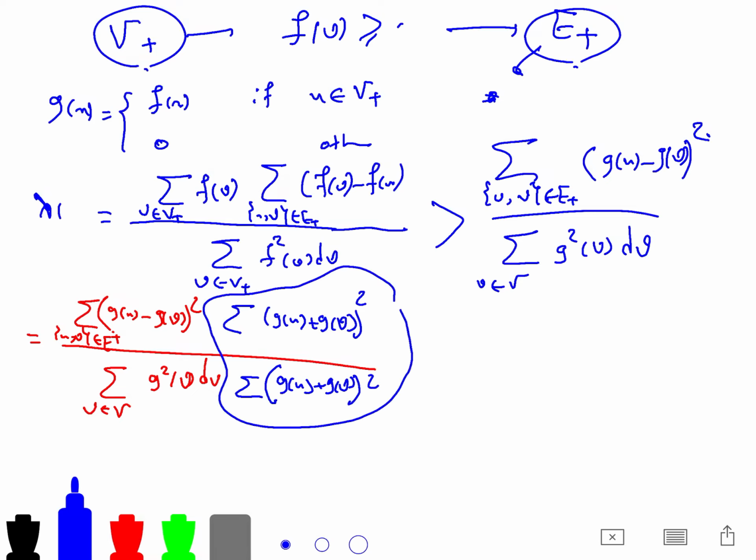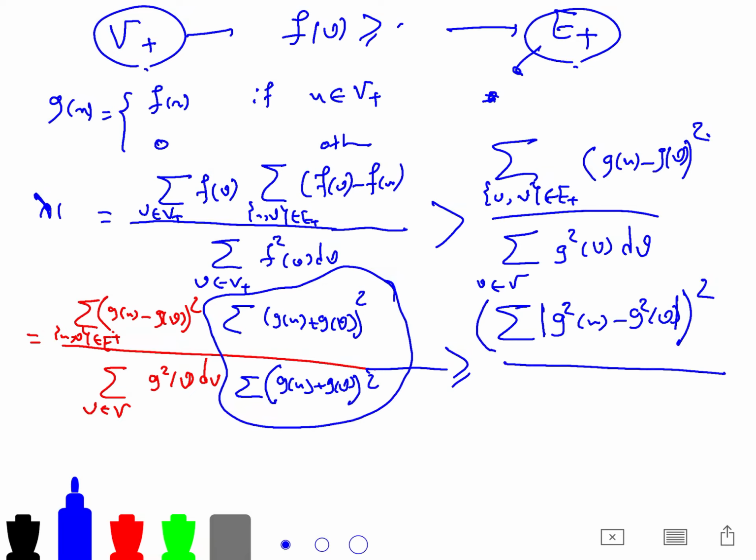Because this is just 1, this is greater than or equal to, and now you can write the denominator easily as something like this, all of them squared. Because it is some positive number, you can reduce it, and write this as 2 times the sum of g squared of v d of v, squared.